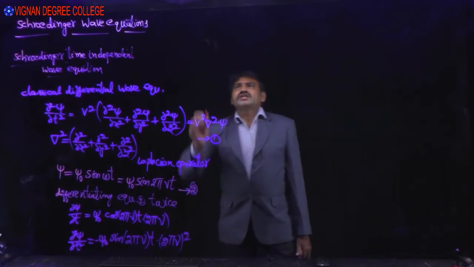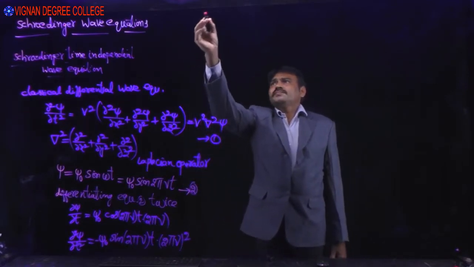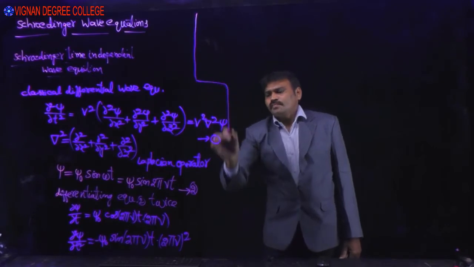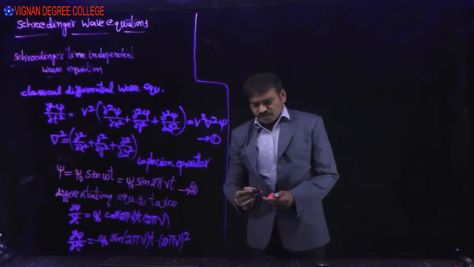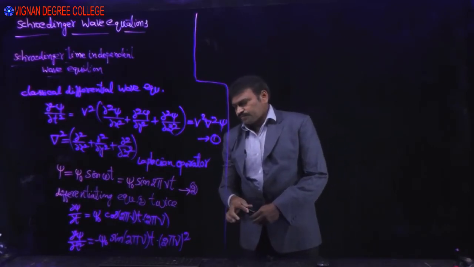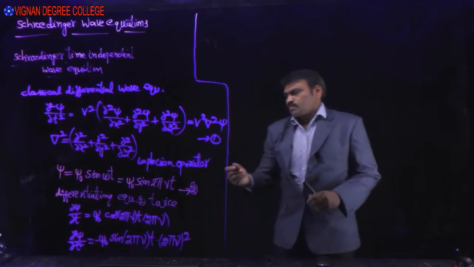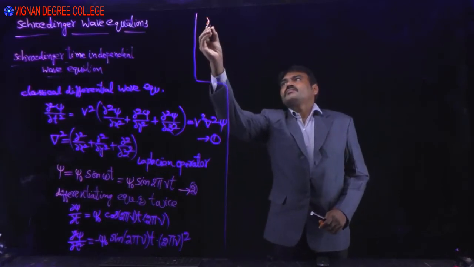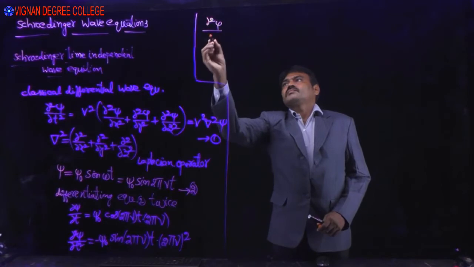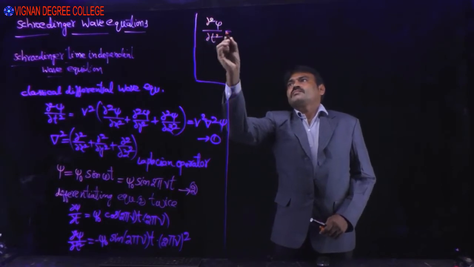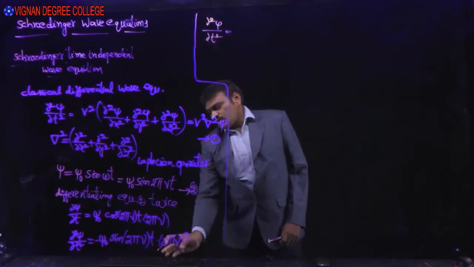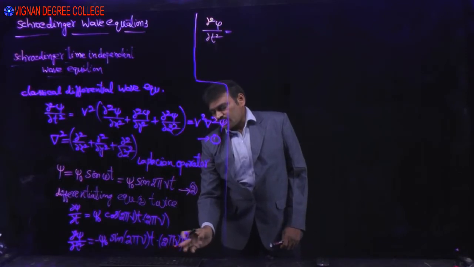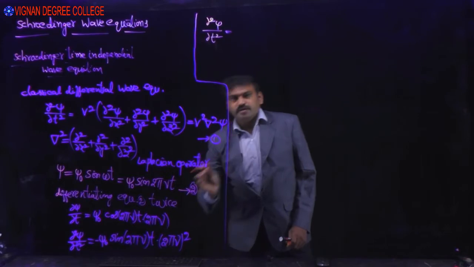So dou square psi by dou t square is equal to here 2 pi nu whole square, that means 4 pi square nu square.